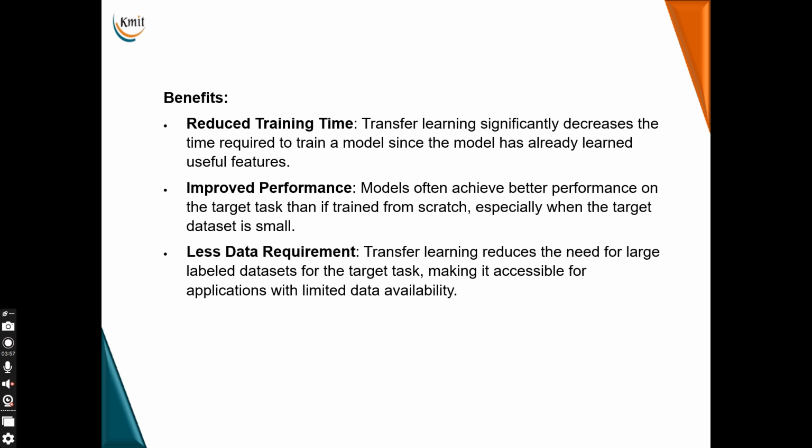You are also improving the performance, in that you need not start the new task from scratch, and you need not work with huge amounts of data, because now you are working with a task narrowed down to a specific data set. And less data requirement. Whenever you work with transfer learning, the model has already got training on a huge amount of data. Now it has to work on a lesser amount of data, so the requirement for data is reduced.